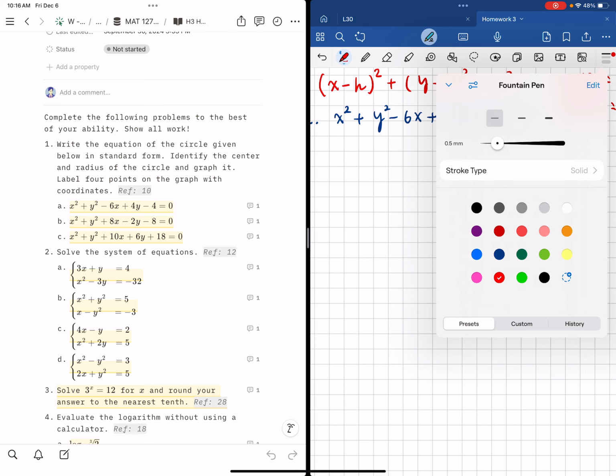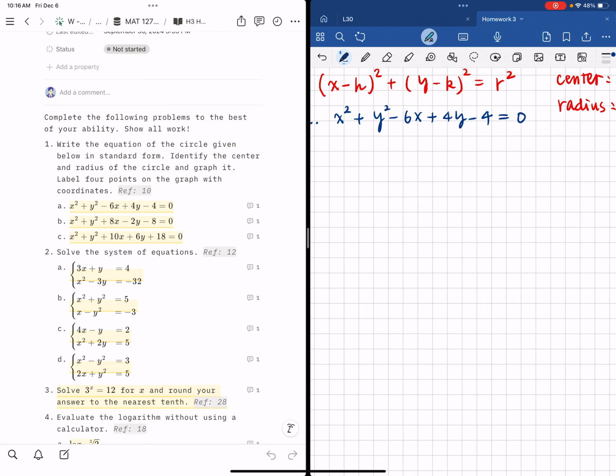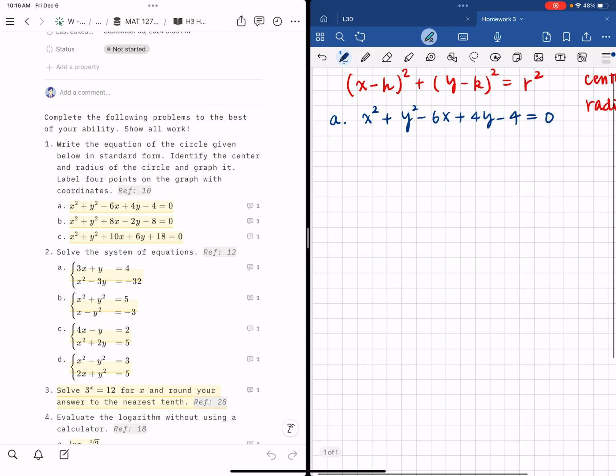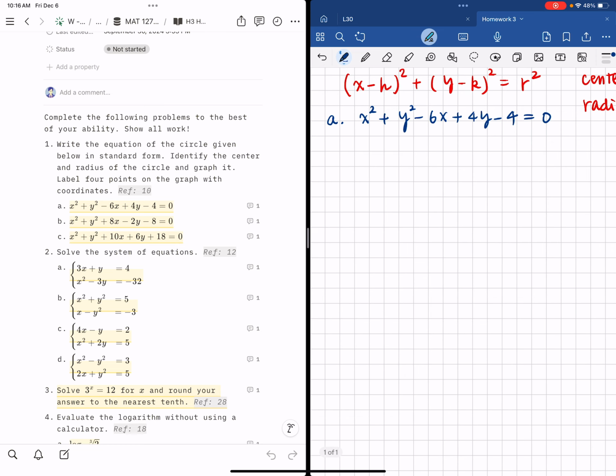I'm going to look at my work, just make sure that I did everything correctly. Okay, so completing the square requires us to first move some of the terms. If you take a look at what we have, I'm going to put all the x's together and all the y's together.